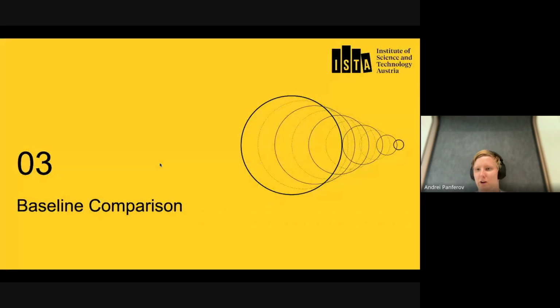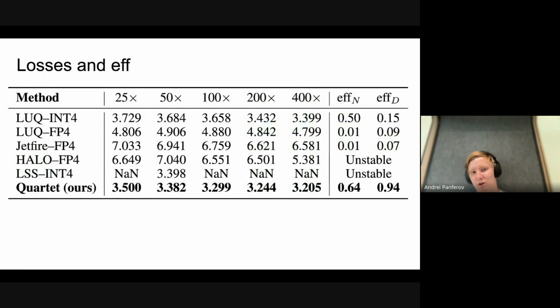So if not, then I can give a quick baseline comparison that we performed in our paper. To the best of our knowledge, we are the first to design an end-to-end FP4 pre-training method. And as such, the methods that we compared with were mostly either not designed with FP4 in mind, mostly designed for FP6 and FP8 like Halo or Jetfire, or designed for int4 like LUQ or LSS.